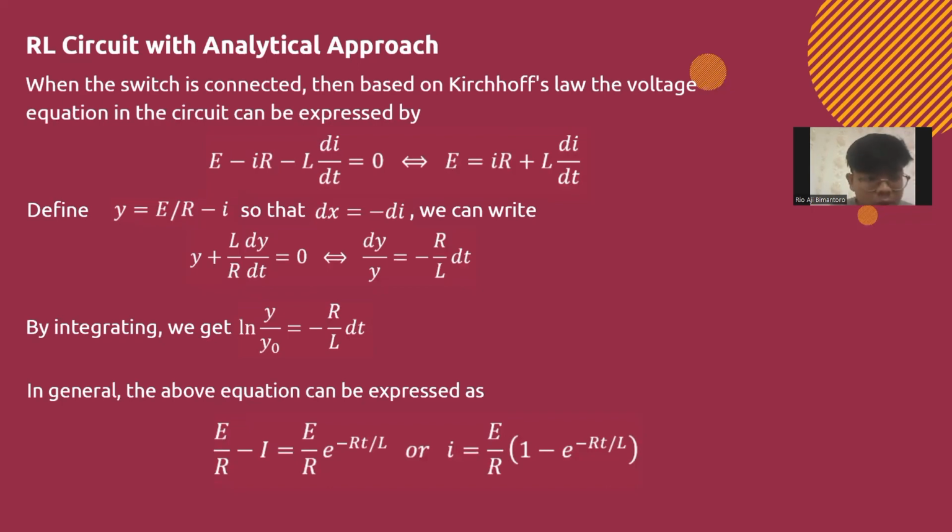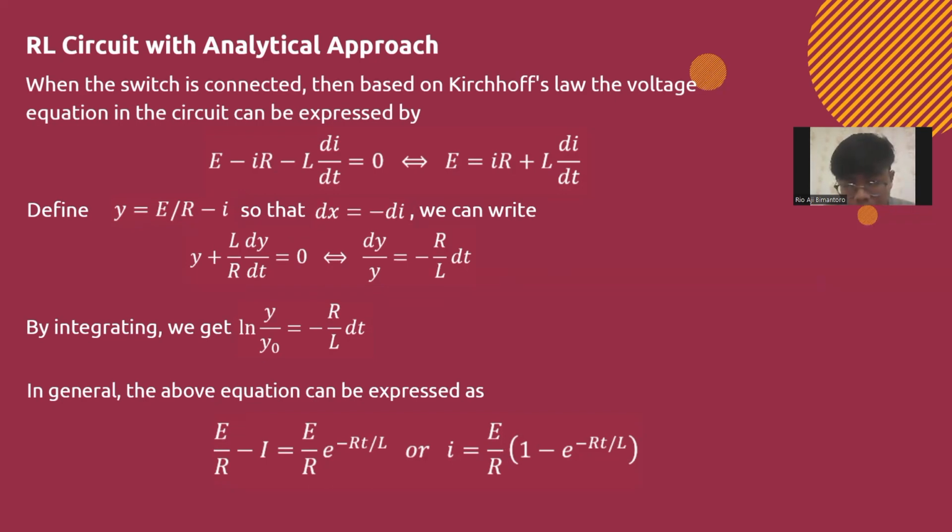We define y as E over R minus I, so that dy is equal to minus dI. So we can write the equation as dy over y is equal to minus R over L dt. Then by integrating we get the integral of dy over y equals negative R over L integral of dt.